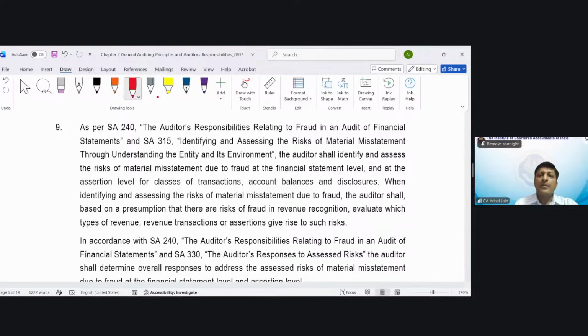Now, will the auditor be required to get into the risk assessment? No doubt. And in fact, that's a very, very important requirement. Yes or no? Auditors shall identify and assess the risk of material misstatement due to fraud.